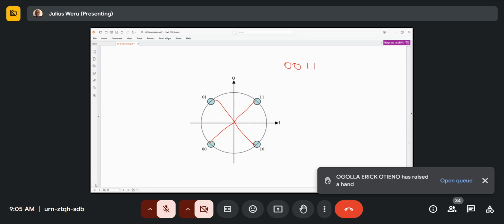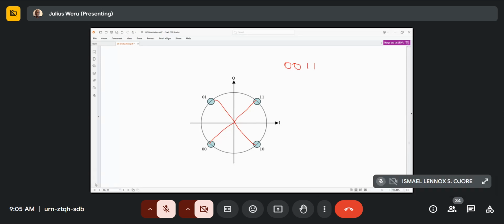Somebody raised a hand? Yeah, I have a question concerning the importance of generating the phase of the carrier signal at the detector. That's what advises the design of a non-coherent and coherent detector.